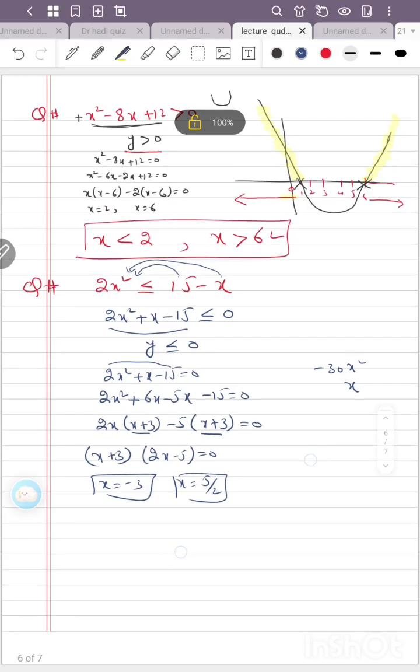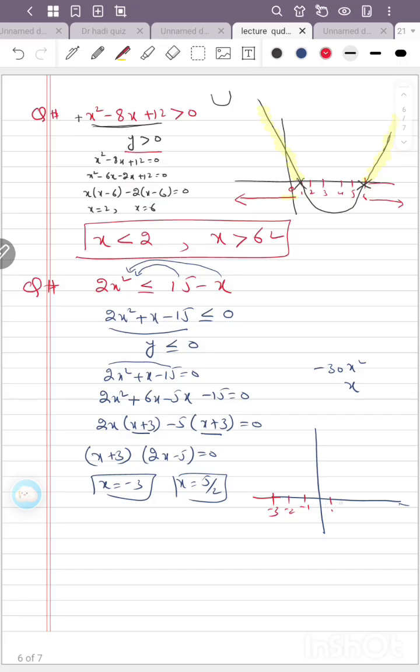Now this is our part to solve, and how we deal with the inequality is very simple. We just make the graph here. Here will be minus 1, minus 2 and minus 3, and here 5 by 2, which means 2.5.